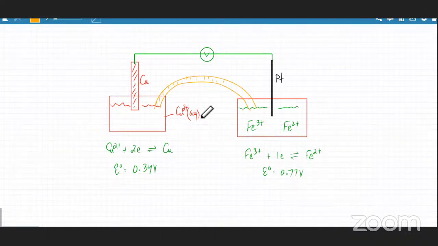As I said, it needs to be there. And just one second.